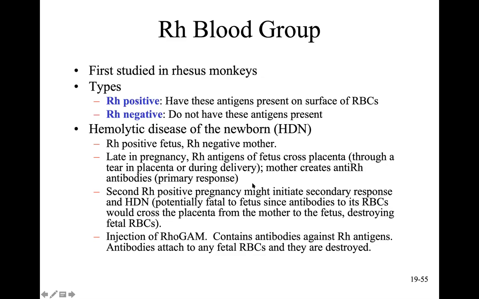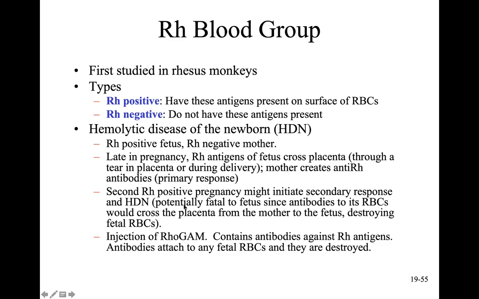Now, we assume mom and dad stay together, and now they have a second baby. The second baby also then has Rh positive blood. What happens? Well, with the second baby, the mom started making antibodies to that Rh positive blood with the birth of the previous baby.